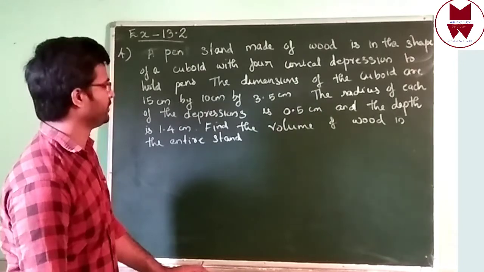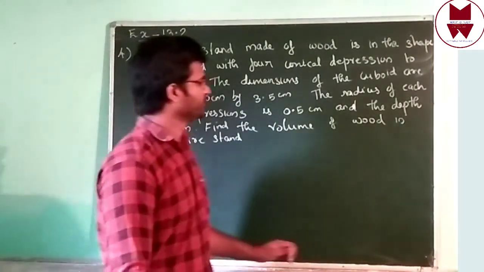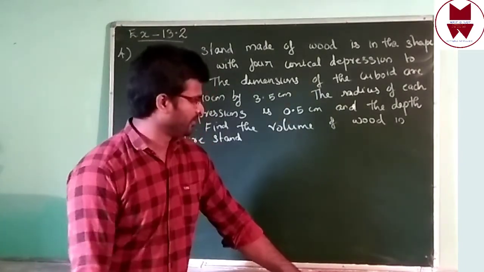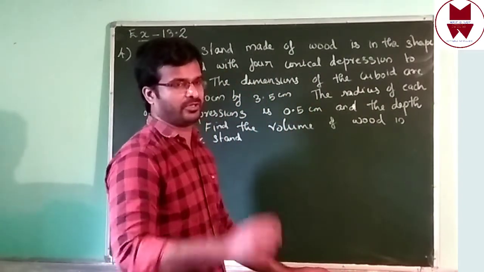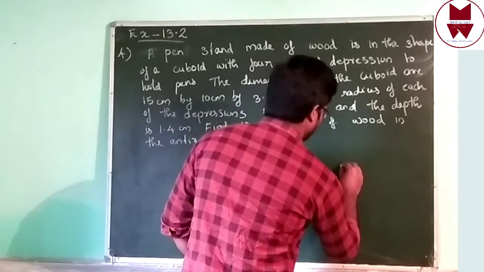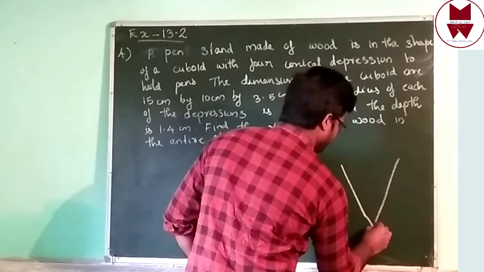Find the volume of the wood in the entire stand. Here we have to find the volume of that wood. One figure is also given here, that figure we will not use. We will draw the figure of that depression, a conical shape.